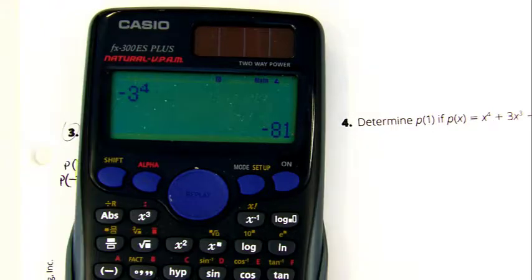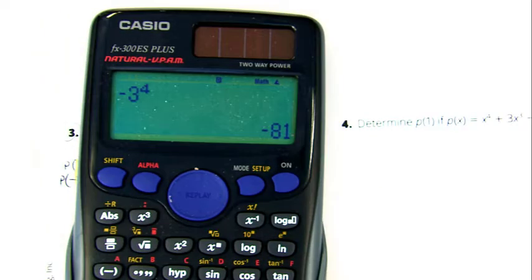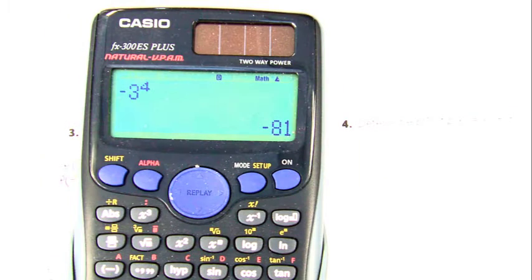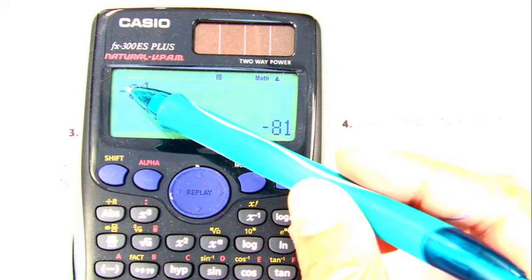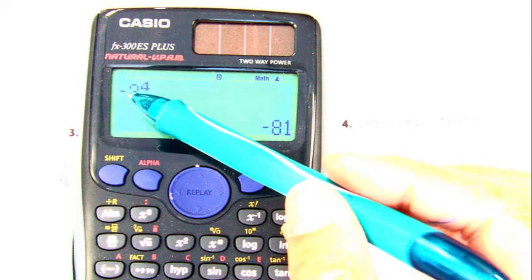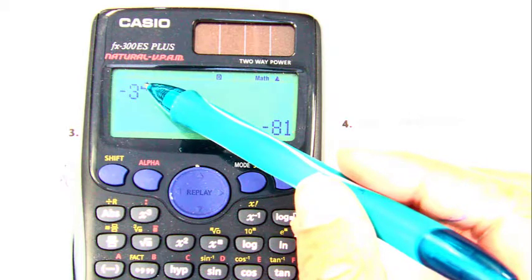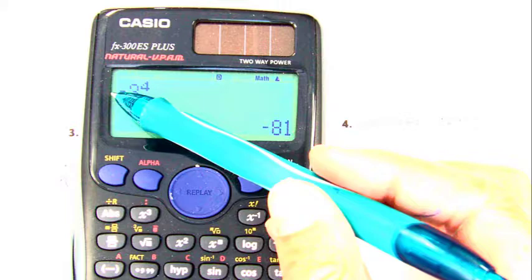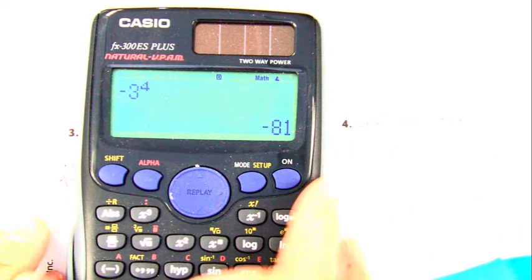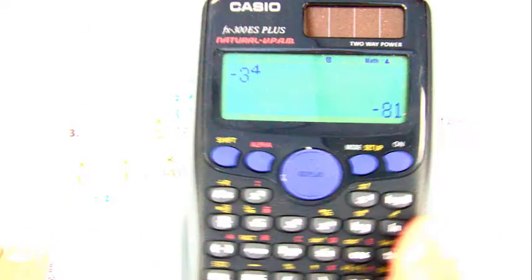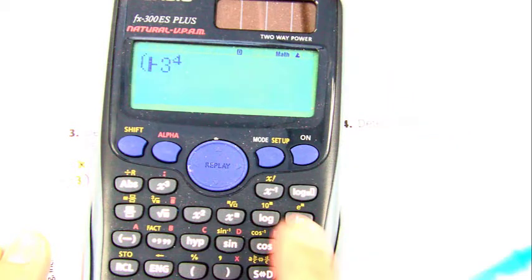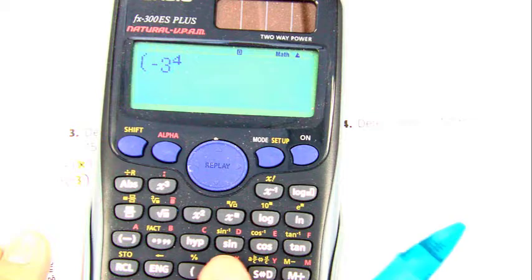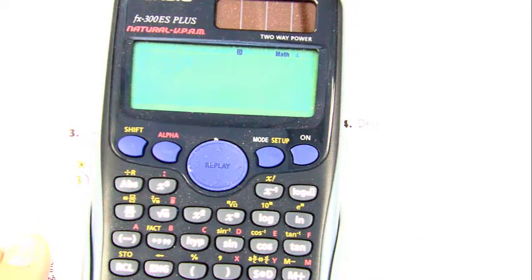Now, this is wrong because it doesn't actually have a set of parentheses. Your calculator is actually reading it as positive 3 to the 4th power, and at the very end, then takes the opposite of that number. To get negative 3 to the 4th power, you're going to make sure that you have a set of parentheses. And this will give you a positive 81.